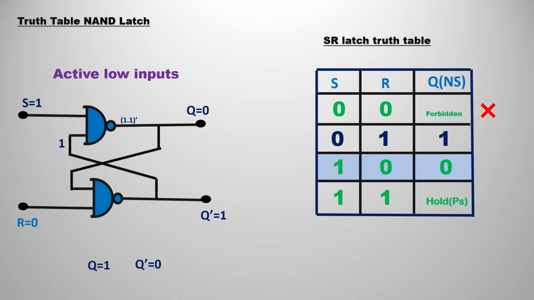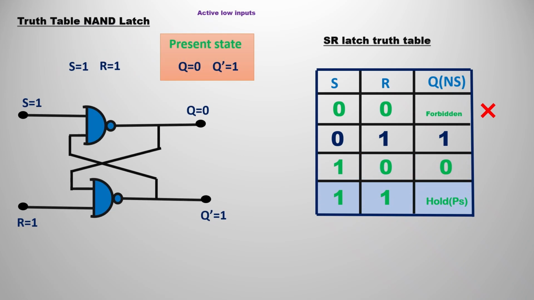If Q bar is 1, definitely Q would be 0. No need to check, but if you want to check, we can take the feedback to the first NAND gate. If you see clearly, the feedback is 1, and S is already 1, so 1, 1 whole bar gives Q equal to 0. So we can see that S is 1, R is 0, meaning reset, and the output Q is equal to 0. You can also see this in the truth table.